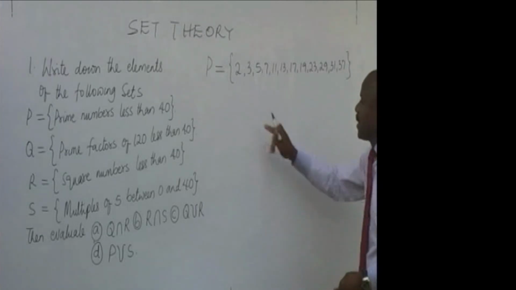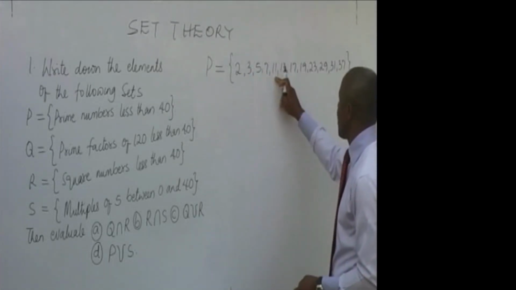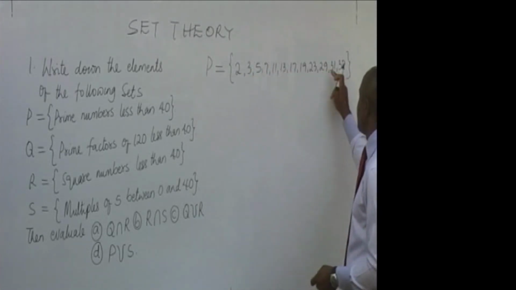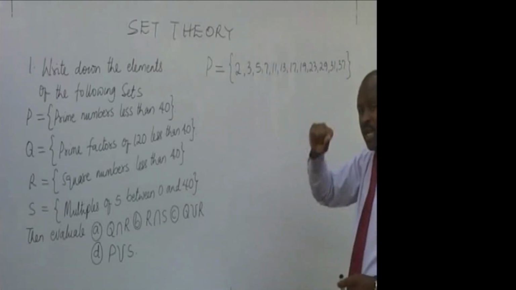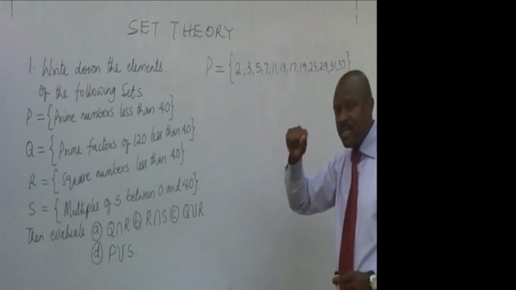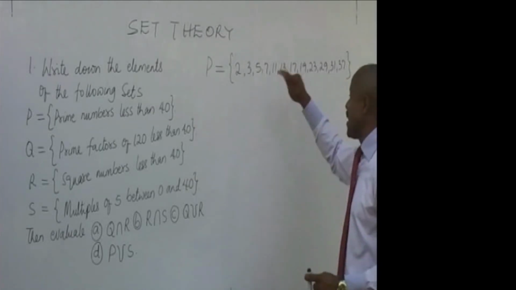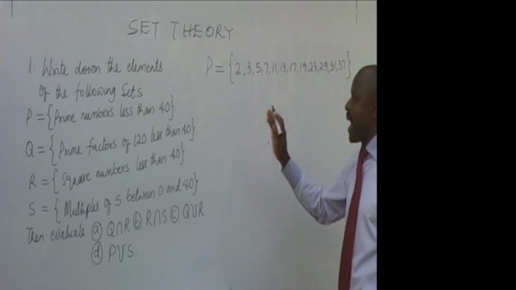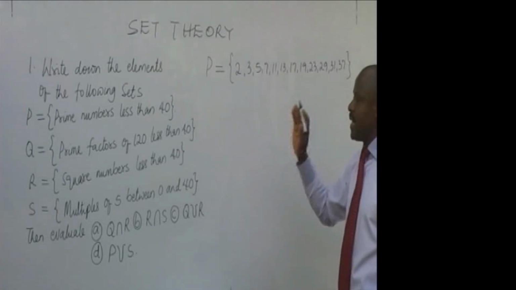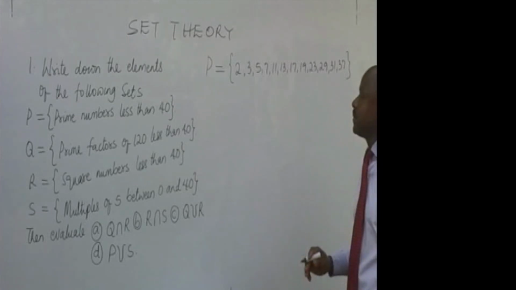How many are there? 1, 2, 3, 4, 5, 6, 7, 8, 9, 10, 11, 12. If you look at these numbers, it is only 1 and themselves that can divide them without a remainder. So these are the prime numbers that are less than 40.